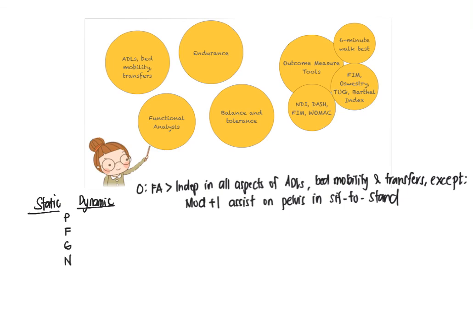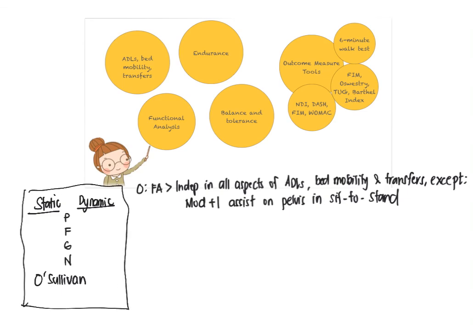Now, I want you to go to O'Sullivan, your O'Sullivan book, Physical Rehabilitation, and check for this one. Na kay Sullivan po yung grading. When will you say that the patient has poor static balance, poor dynamic standing balance, or fair, or good, or normal?